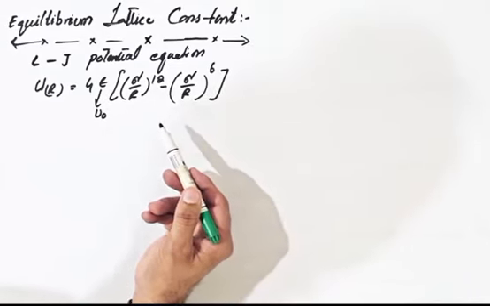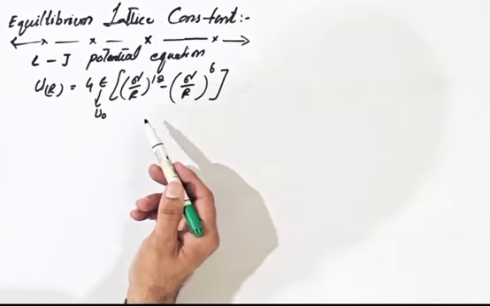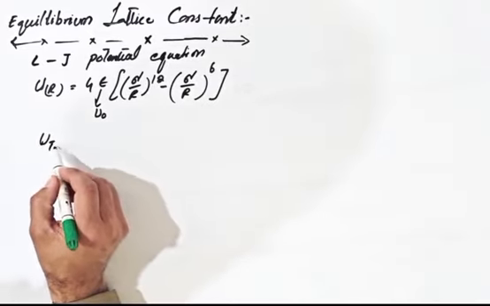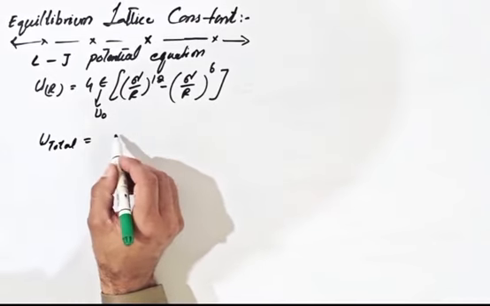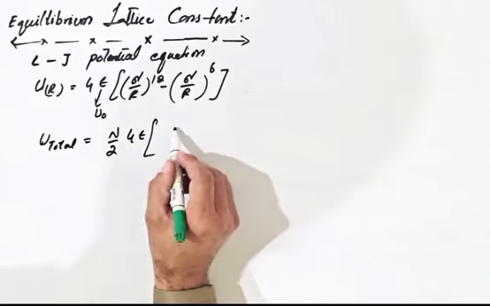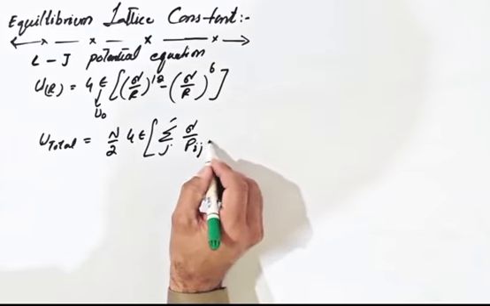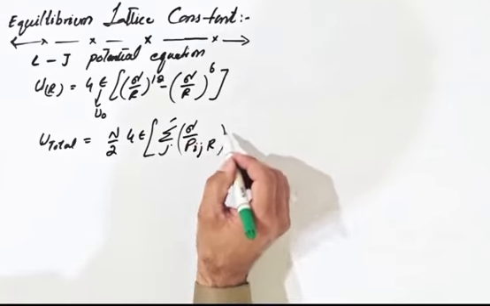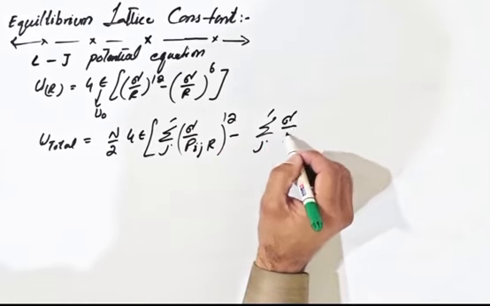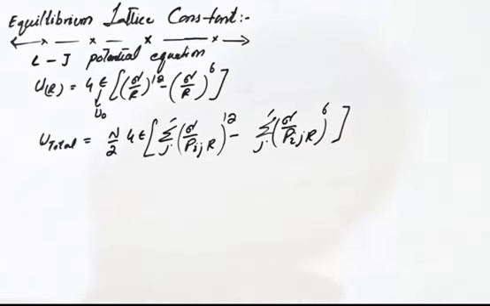Now if we want to generalize this equation to the whole crystal, then we have to consider the contribution from all N atoms. So the total potential equation will be equal to N by 2 times 4E, summation over j of (sigma divided by Pij R) to the power 12 minus summation over j of (sigma divided by Pij R) to the power 6.